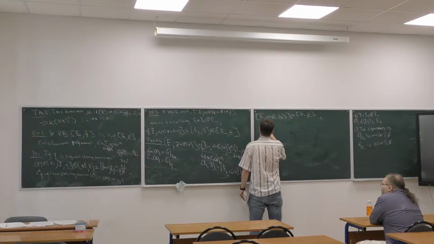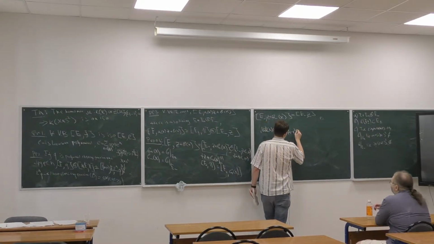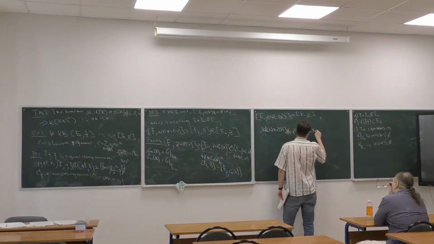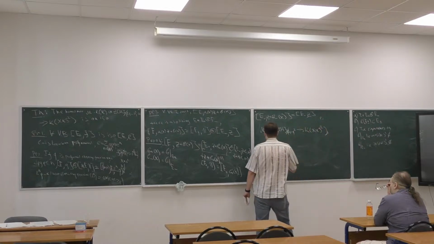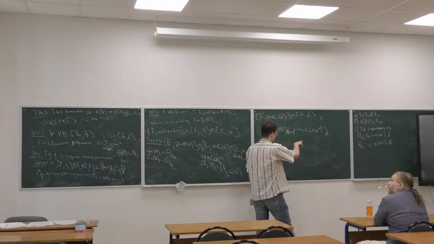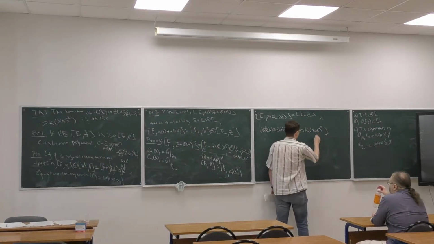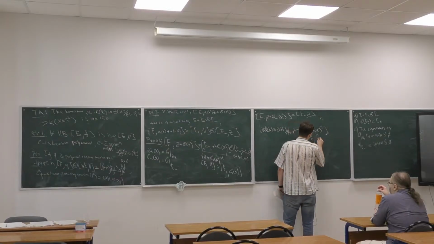Take x and the product S2. We know a vector bundle over x product S2 has the form EF.